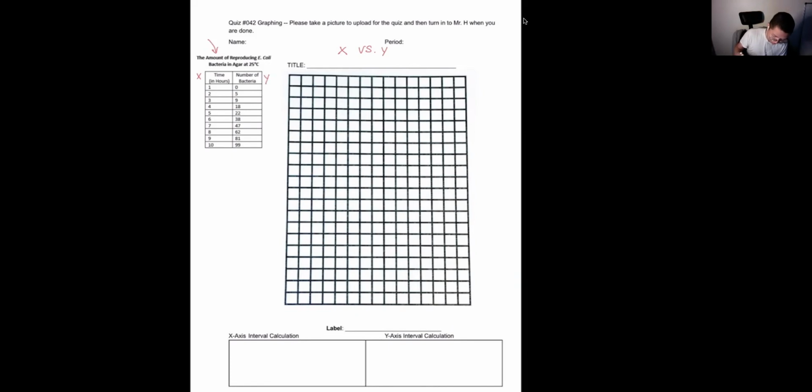And please remember that time is usually your x-axis.